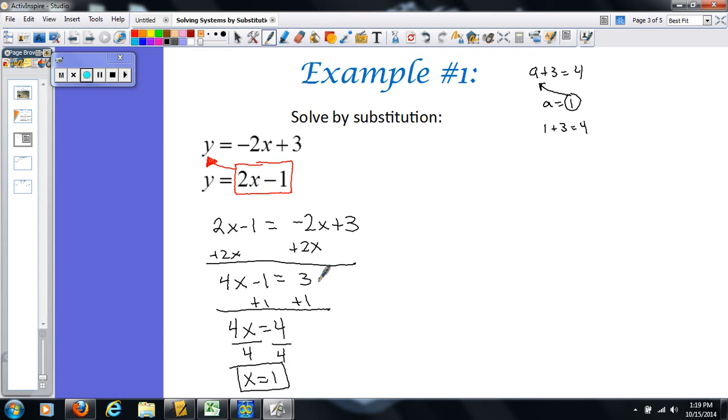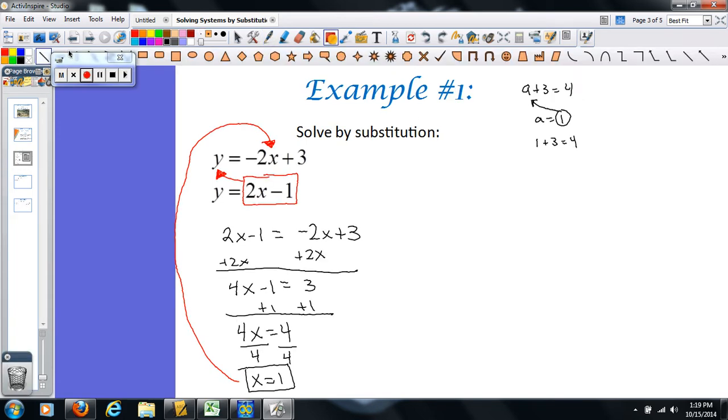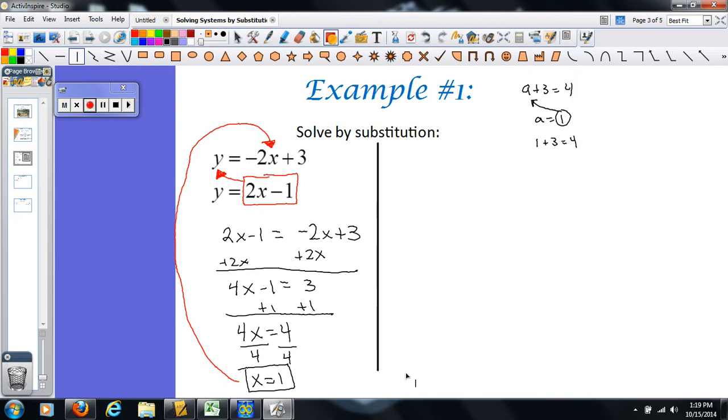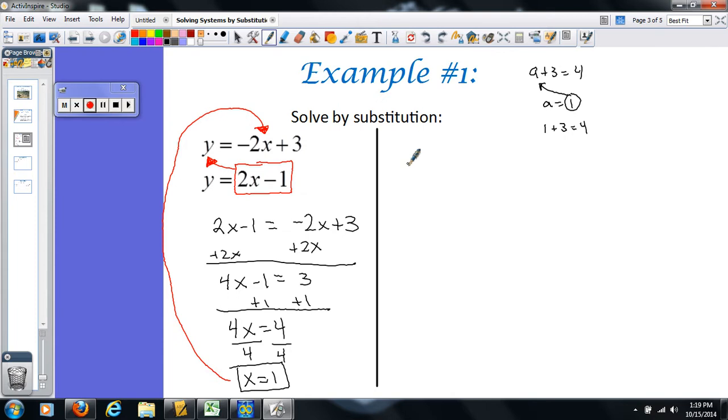At this point I'm going to take this, and it doesn't matter if I use the first equation or the second equation. I'm going to plug this in for x. Now we need to find the value of y.